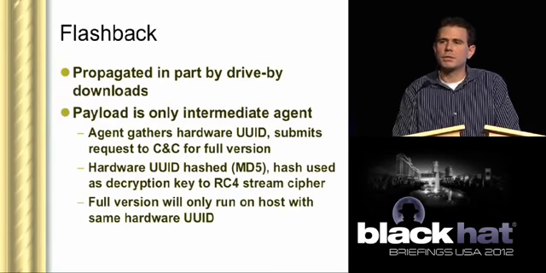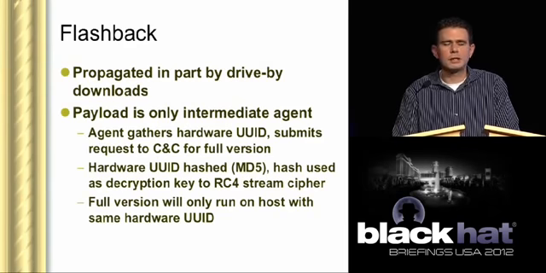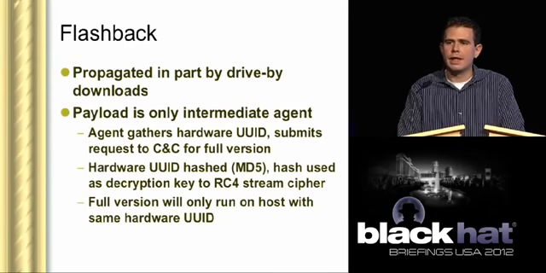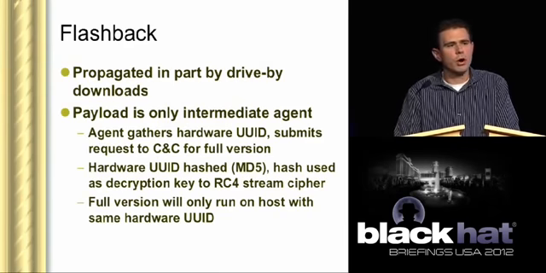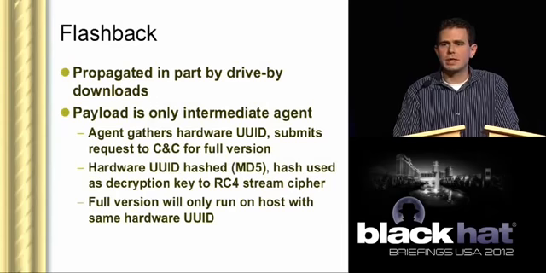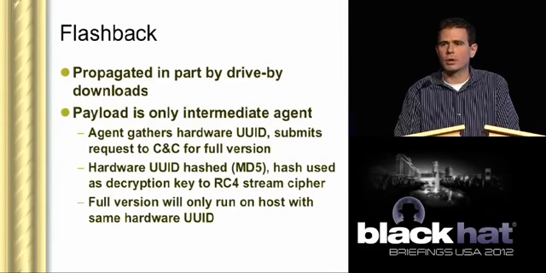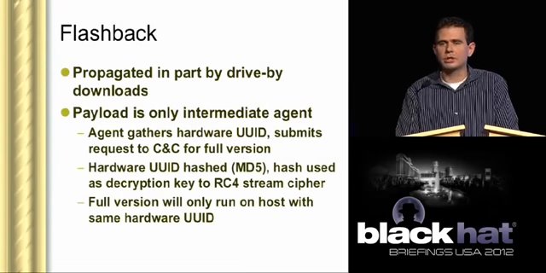Now, that's not a full version of Flashback. That's actually an intermediate download agent. That agent would gather the hardware UUID and submit that to the command and control along with a request for the full version. The command and control would compute the hash, in this case MD5, of the hardware UUID.